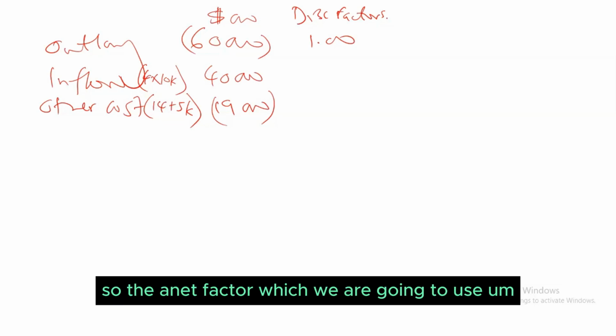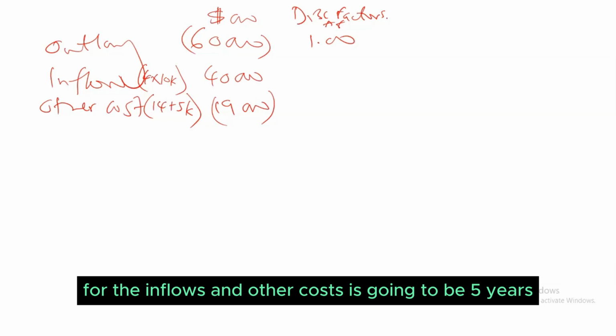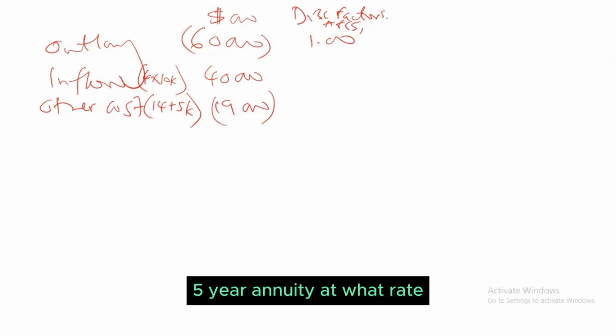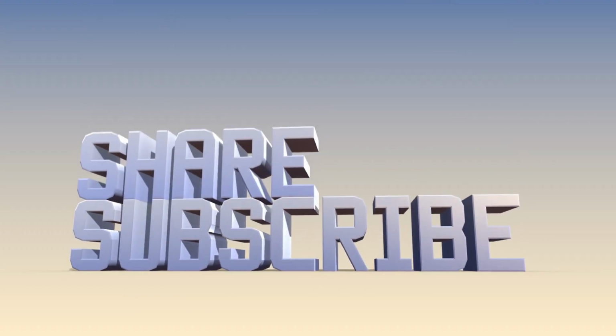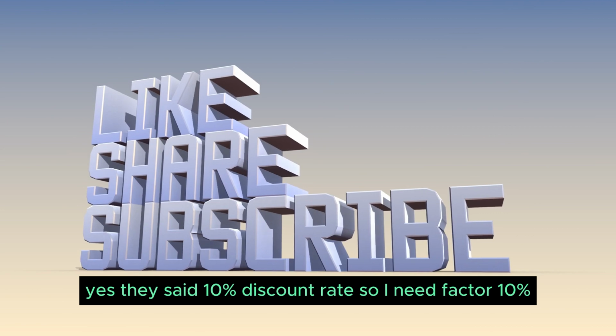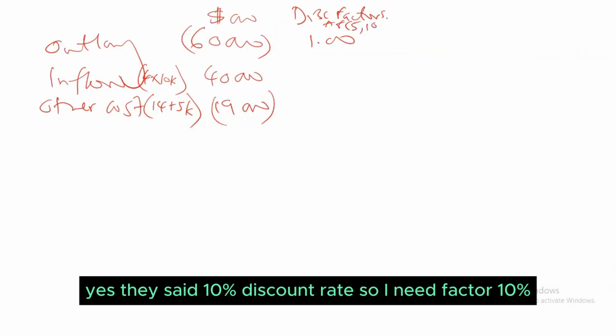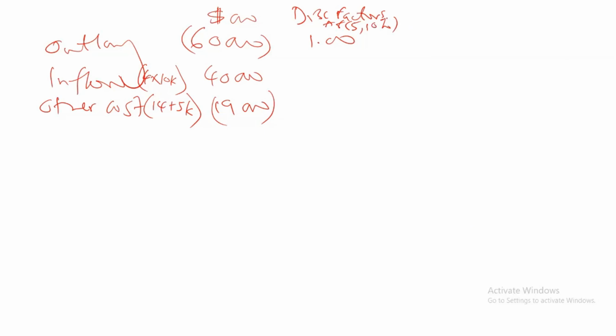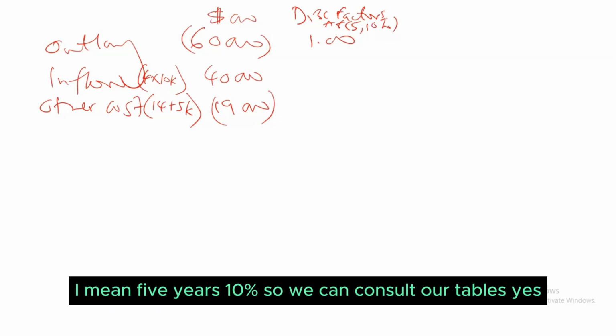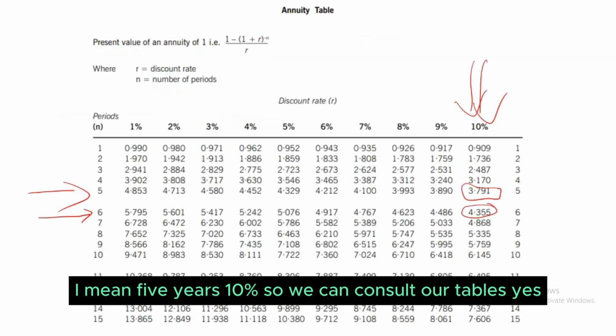So the annuity factor which we are going to use for the inflows and other costs is going to be a 5-year annuity. At what rate? Did the examiner give us a rate? Yes, they said 10% discount rate. So annuity factor 10%, 5 years. So we can consult our tables.